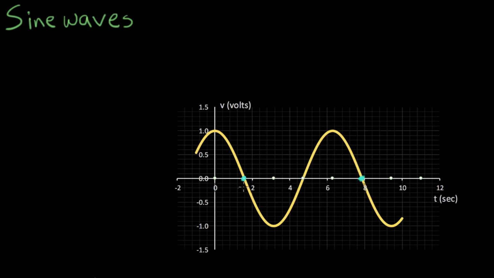And I'm going to call that distance right there the period of this sine function. This is actually a cosine wave. The period is this distance in time right here. And the symbol we use is typically a capital T to indicate the period.